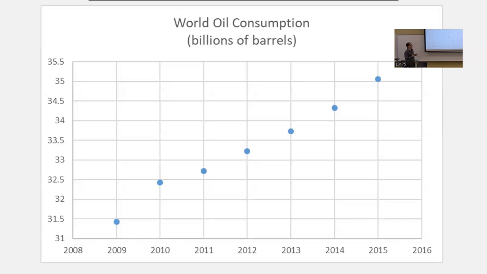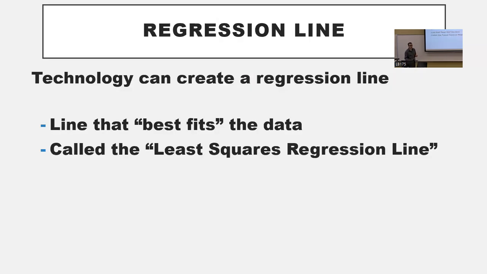Now, we're looking for a pattern in this data. And what we're going to do is we're going to ask some sort of technology for a regression line.